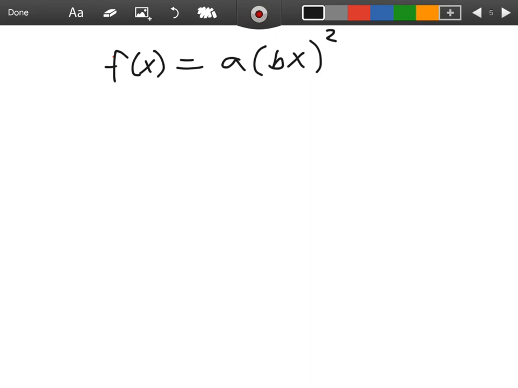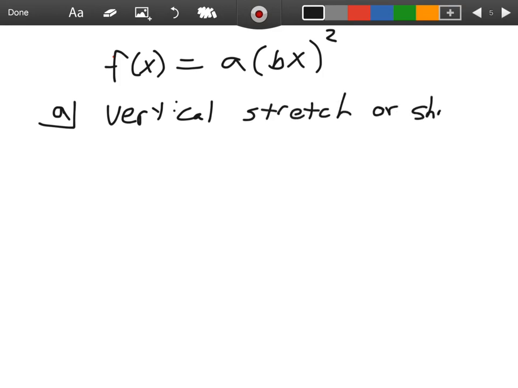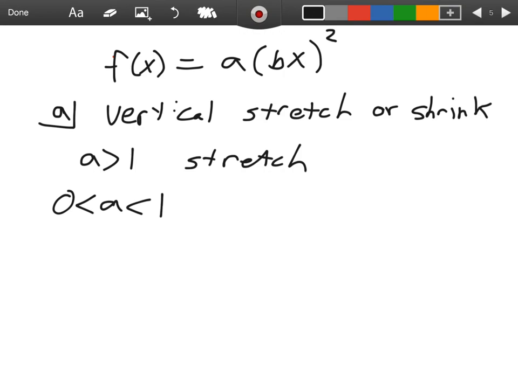The A is going to give us a vertical stretch or shrink. If A is greater than 1, it's a stretch. And if A is between 0 and 1, it's a shrink.